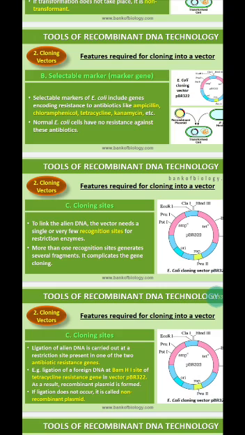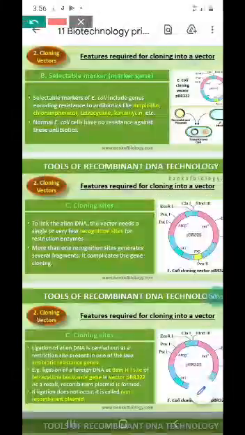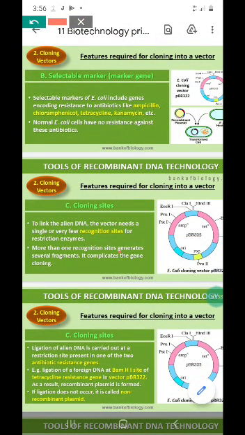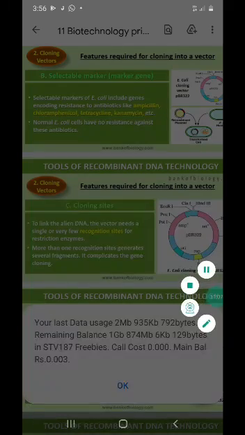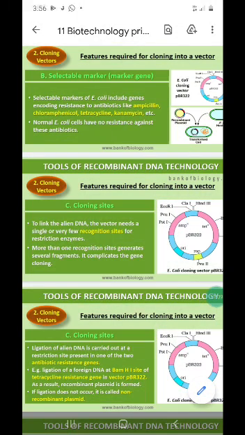More than one recognition site will generate several fragments. It complicates the gene cloning. Clear, children? Okay.